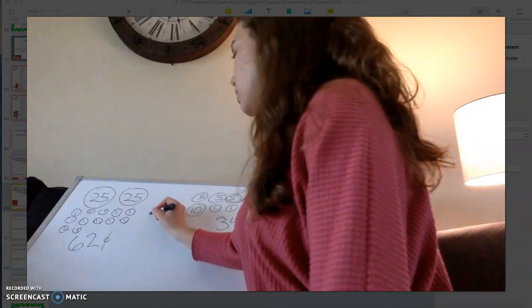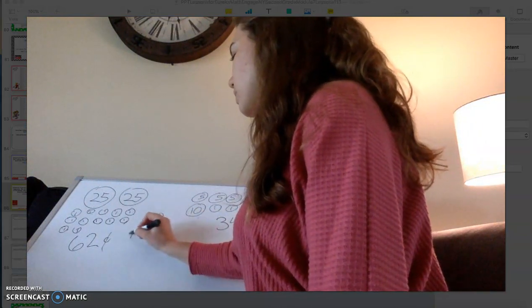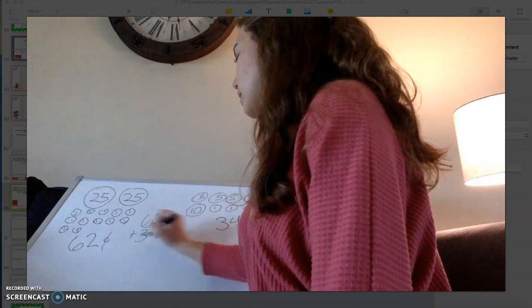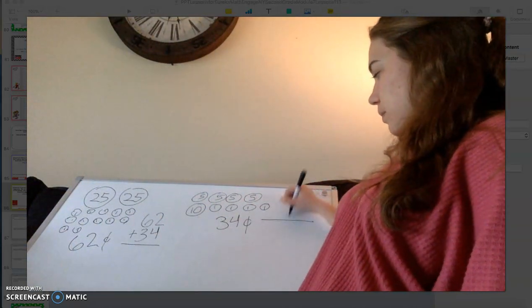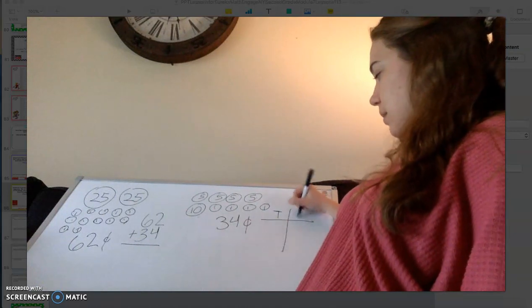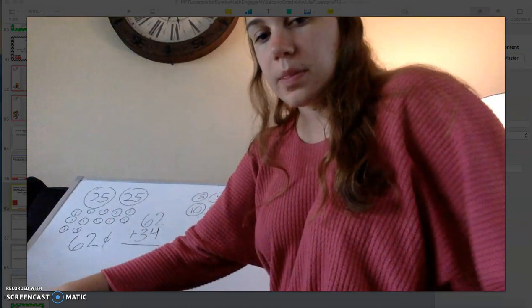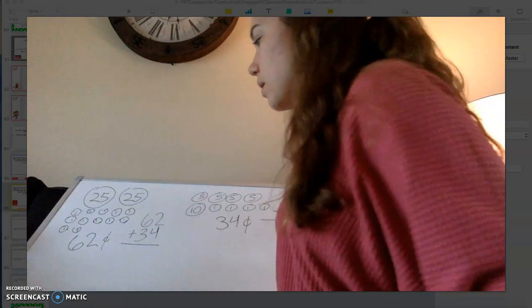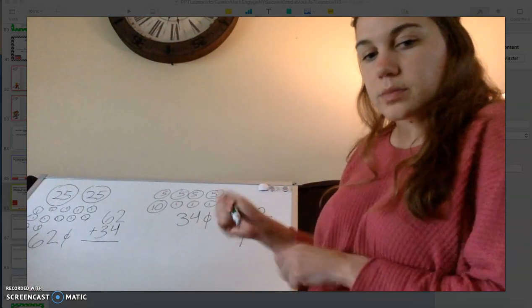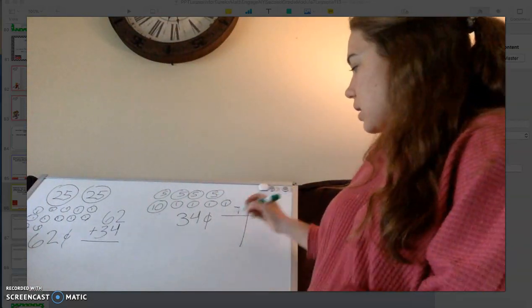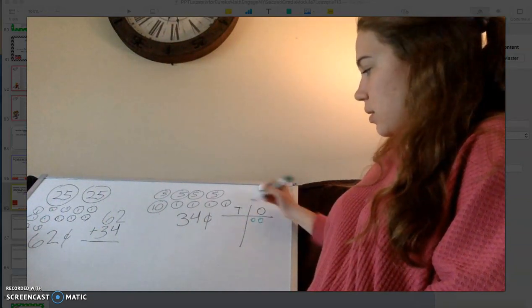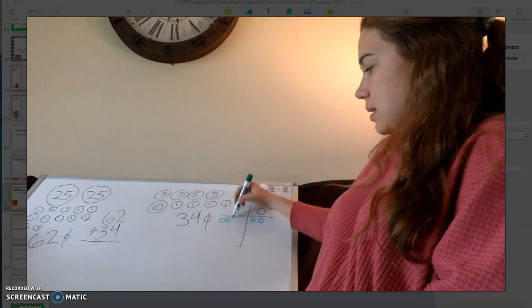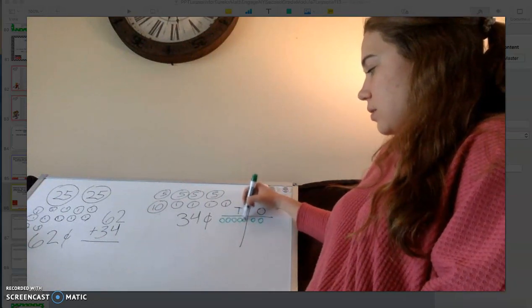So now we need to do 62 plus 34. So if I have my place value chart, I have my tens and my ones. I'm going to first put in my 2 ones for 62 and my 6 tens for 62.